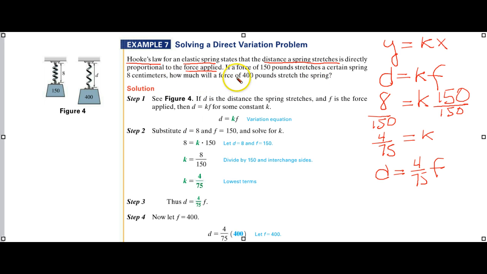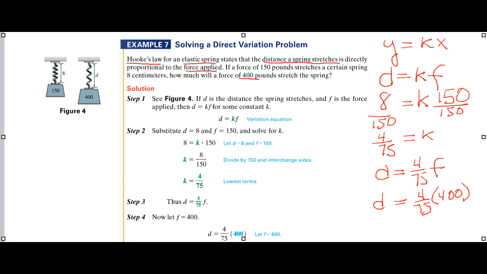How much will a force of 400 pounds stretch the spring? So what we do here is we put in our force of 400 pounds, and that will give us our distance.